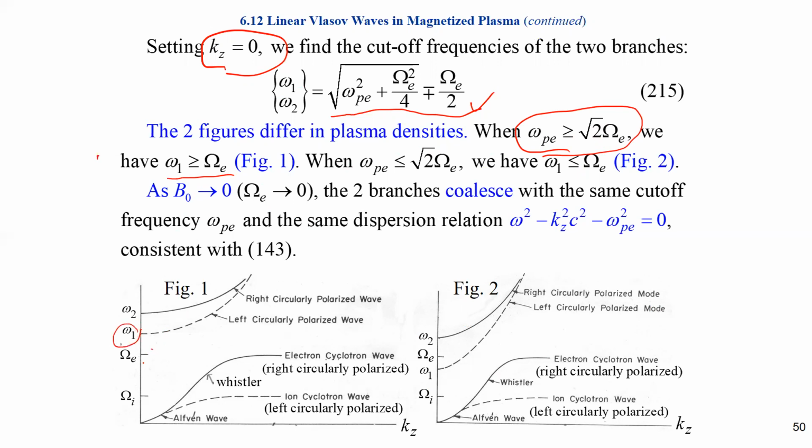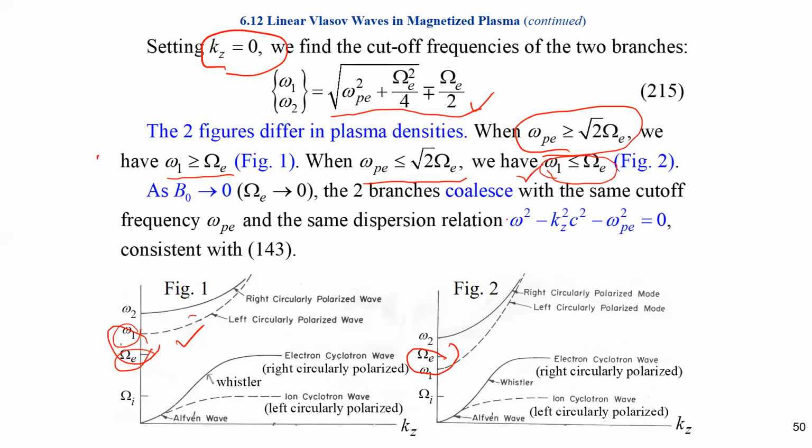When omega PE is less than this, we have another condition. So these two figures differ in here. That's the plasma frequency greater than the cyclotron frequency. We have these relations. When the plasma frequency is less than the cyclotron frequency, we have other equations.